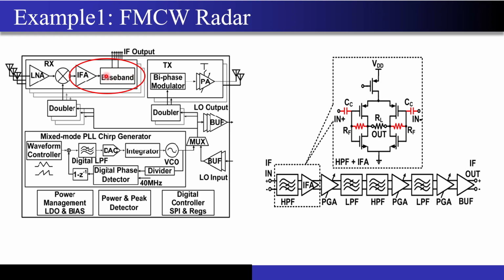So right now just focus on this particular part. You can see there is this receiver, there is this transmitter, and something is generating a signal that will be given to the transmitter and sent out of the radar, correct? Now I just want to focus on this particular part.